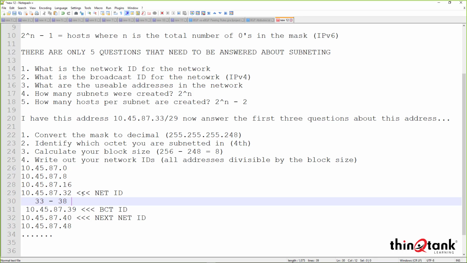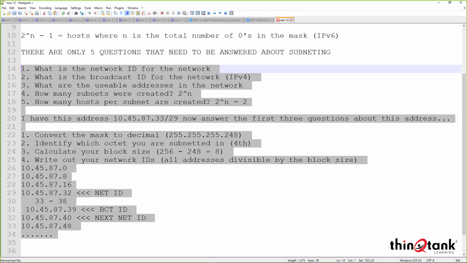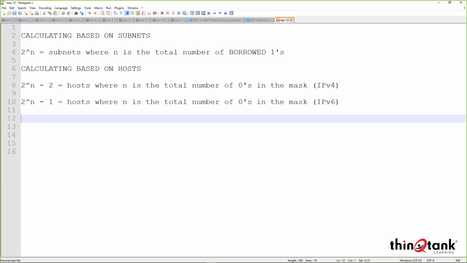So let me give you an example. I'm going to erase a lot of this stuff here. And let's say 109.76.45.113 slash, let's do a 19. Okay?